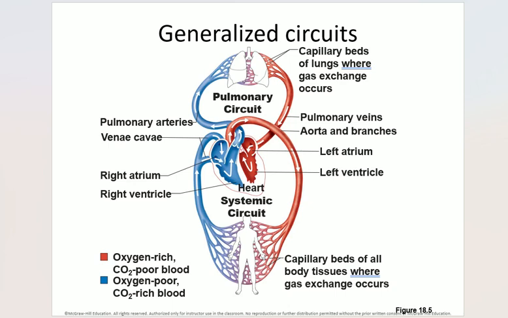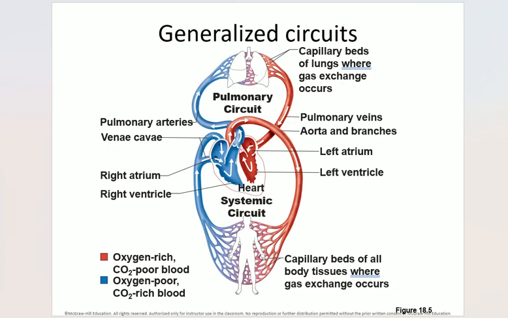When it goes here, that's where gas exchange happens. So CO2 goes out, O2 comes in, and you come out with blood through the pulmonary veins back to the left atrium. Left atrium to the left ventricle, then out of the ascending aorta, arch of the aorta, descending aorta, and then the branches that go to the head and arms.